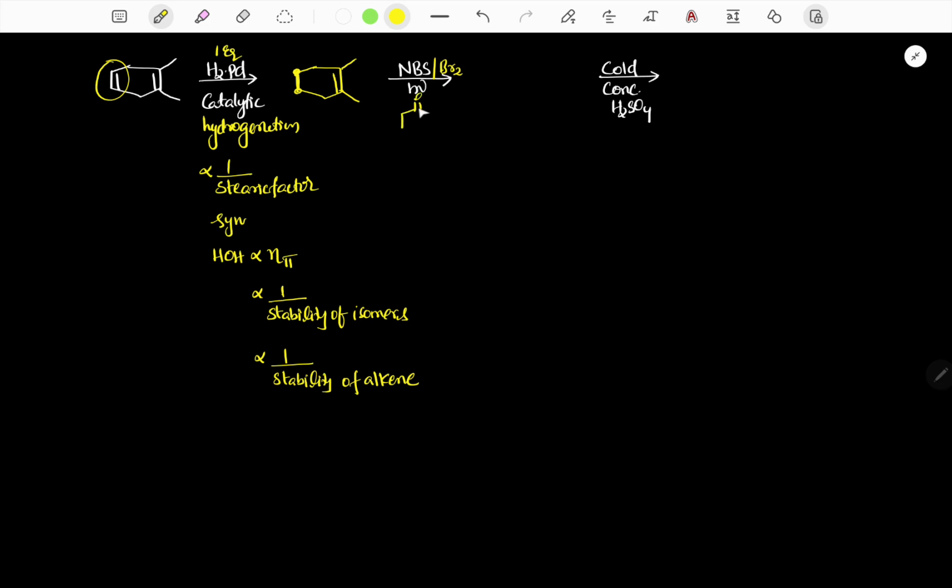NBS is N-bromosuccinimide, and it prefers free radical substitution, mainly at allylic and benzylic positions, and at carbons connected to +R groups. Even -R also, because a radical can be stabilized by +R as well as -R.